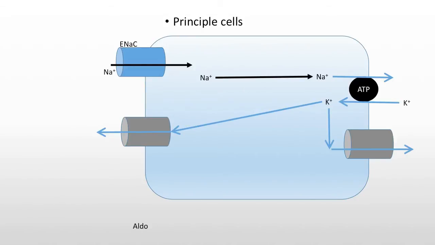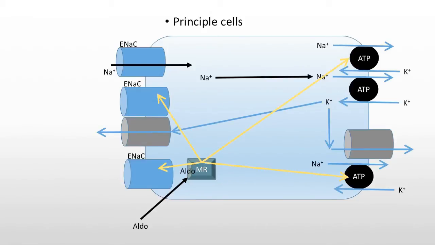And finally, aldosterone has an impact on the electrochemical potential. Aldosterone moves freely across the membrane because it's a steroid hormone, and it binds to the intracellular mineralocorticoid receptor. The mineralocorticoid receptor then upregulates the production of the ENaC channel and the basolateral sodium-potassium ATPase.